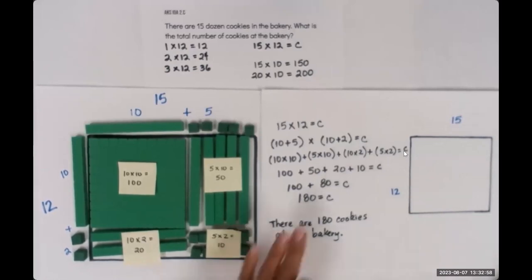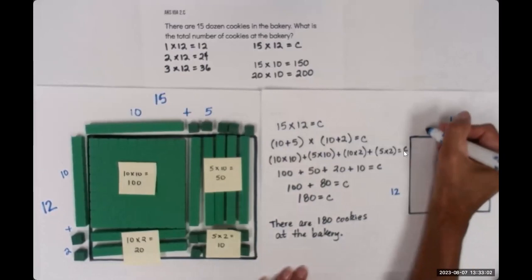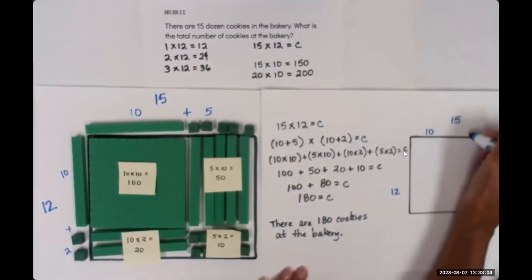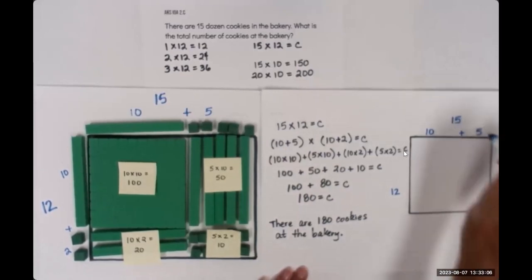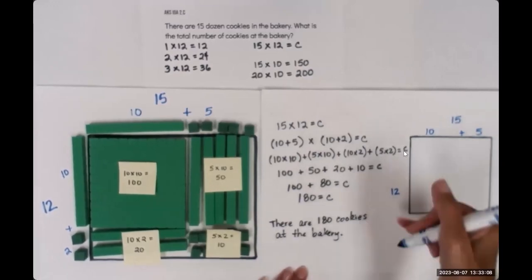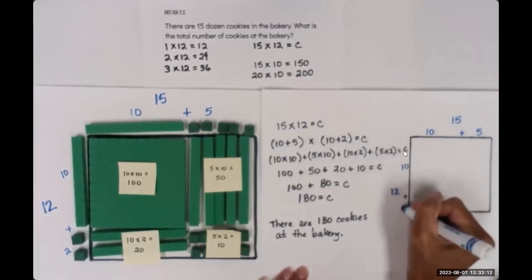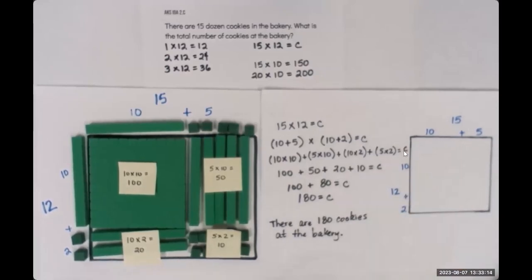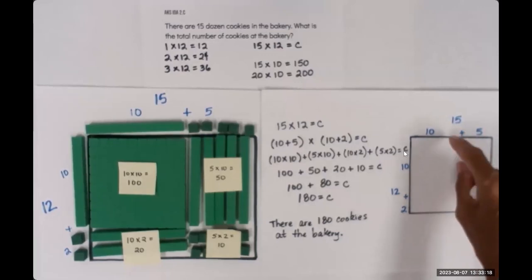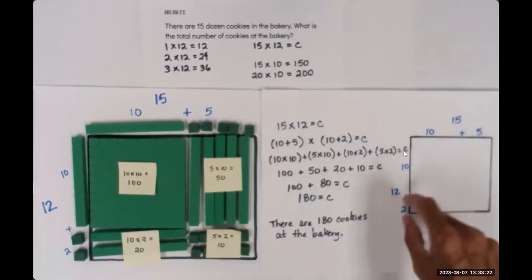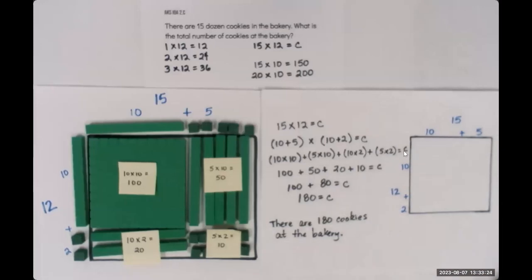Okay, so just like we did in the concrete model, we will decompose 15 as 10 and 5, and we'll decompose 12 as 10 and 2. And I'm decomposing the numbers by place value so I can multiply these two-digit numbers into smaller parts, all right?